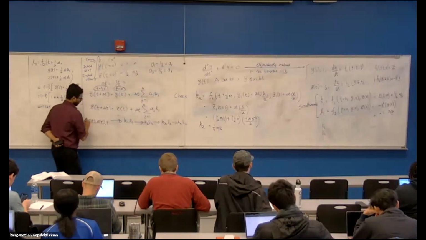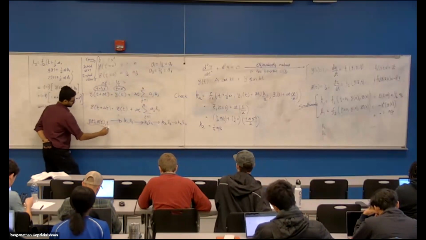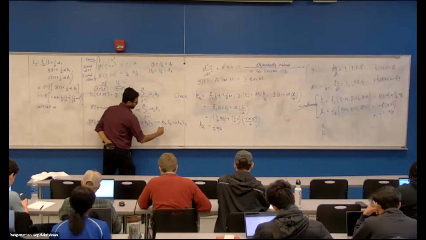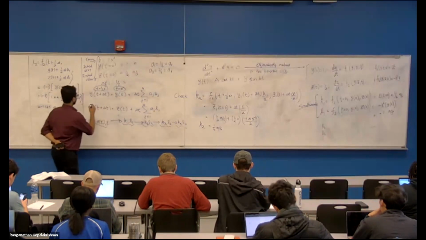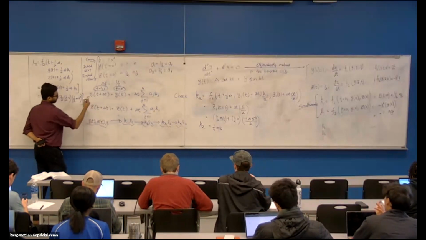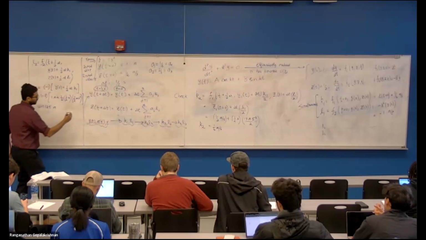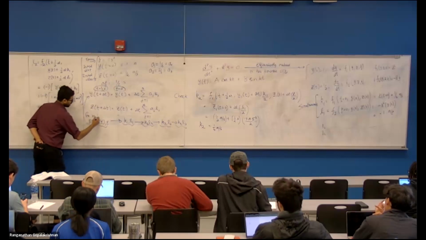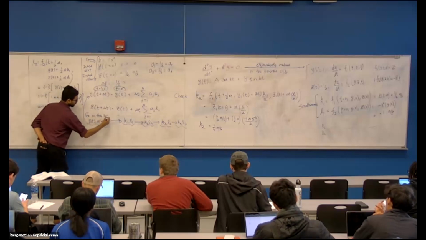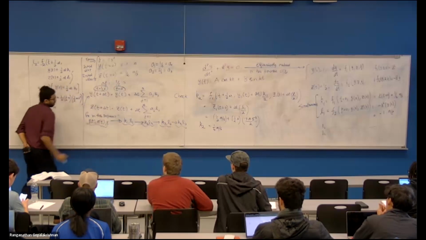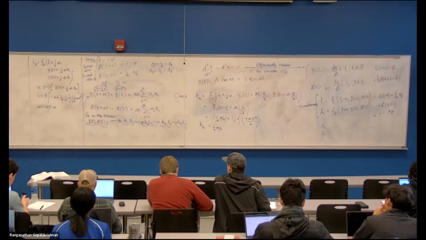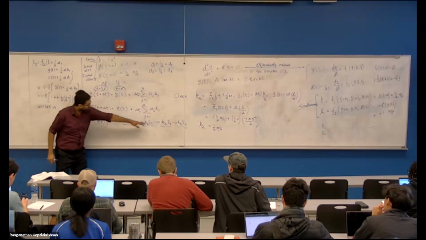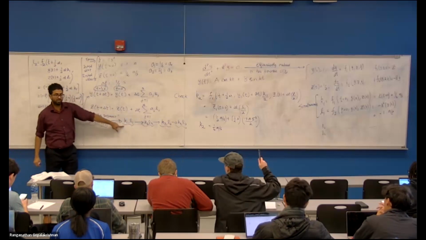All five of these together determine the solution at the next step. So you have to go in this sequence. Don't jump to any later step before you do the previous step.